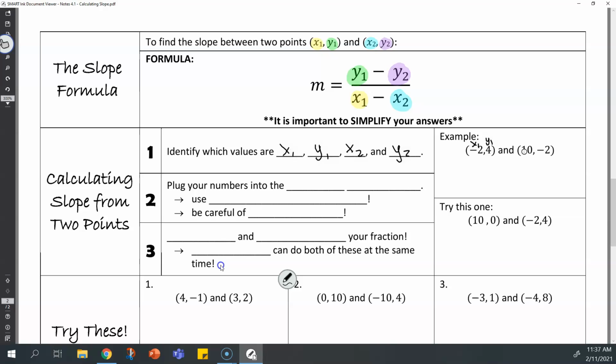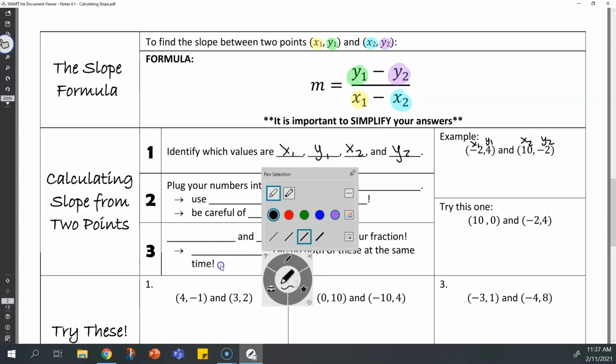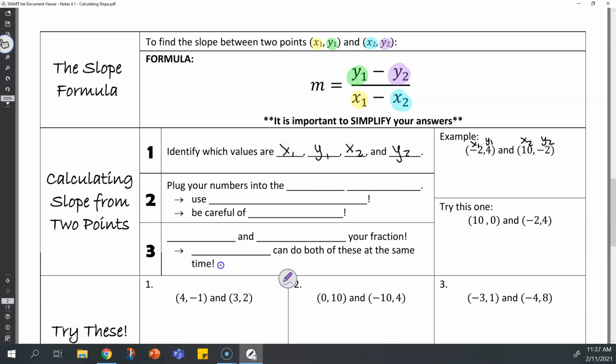The x value in my second point is called x2, and the y value in my second point is called y2. So the first thing I want to do is just label those. The second thing I want to do is plug those numbers into the slope formula, which we just talked about up here.